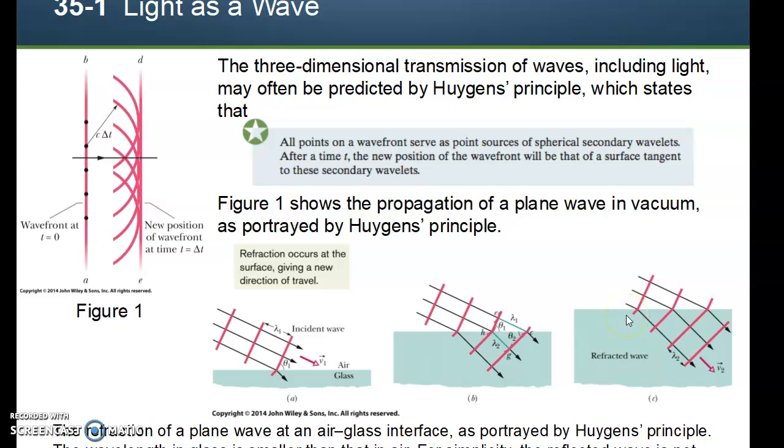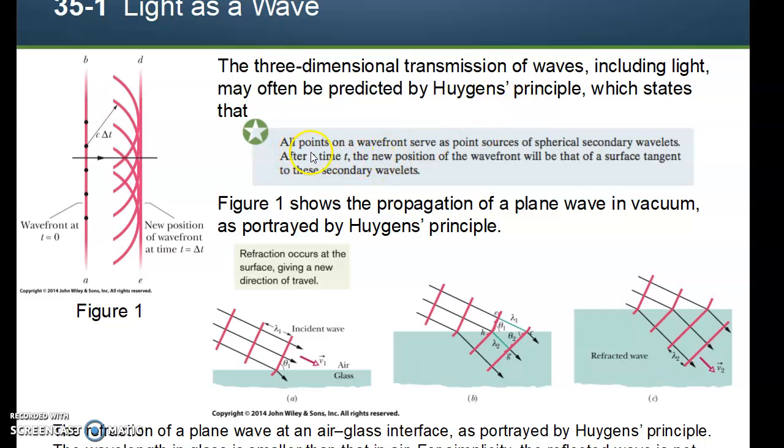Light, as we know, is a wave. Well, it has wave properties. It also has particle type properties too. But in the three-dimensional transmission of waves, including light, you can usually predict what is going to take place by Huygens principle.